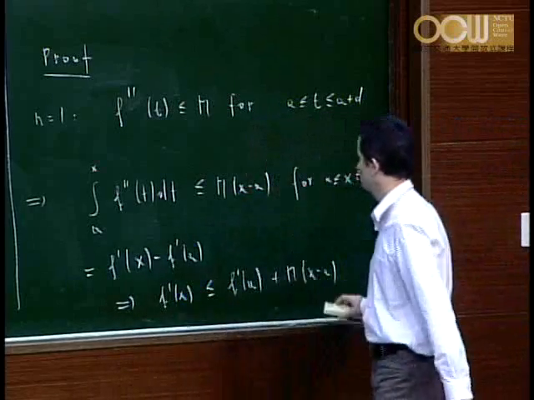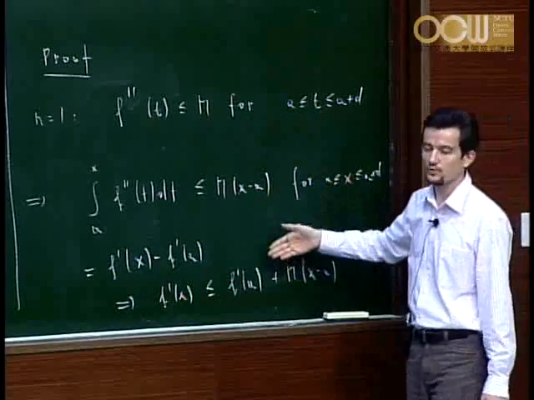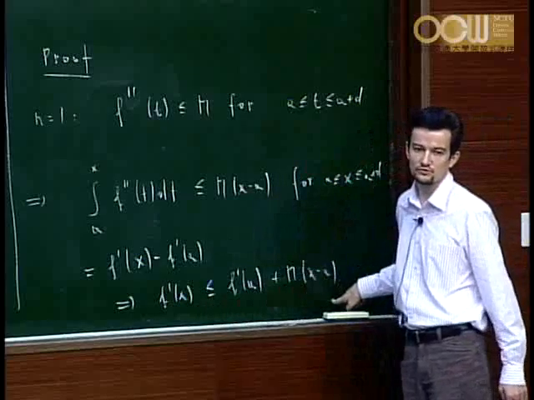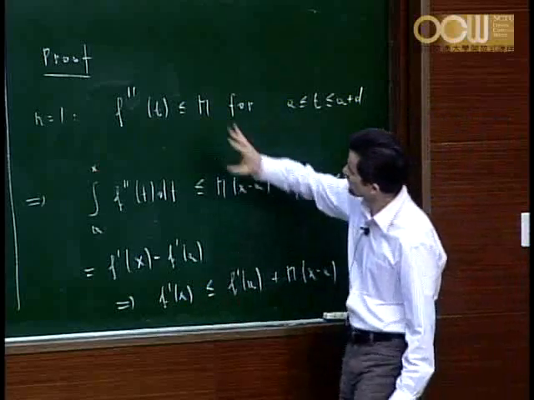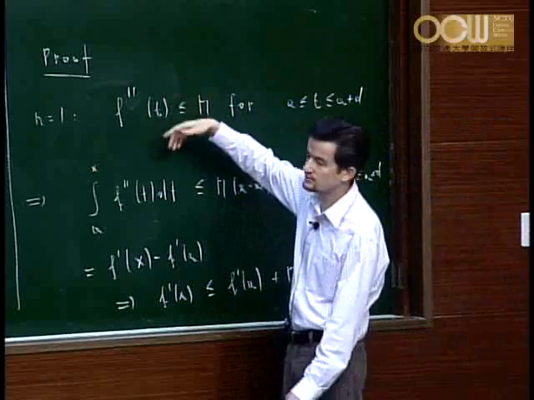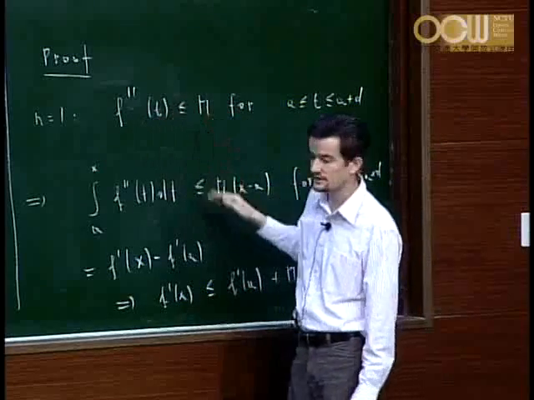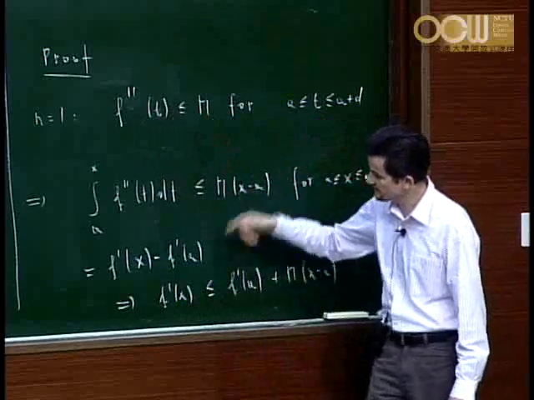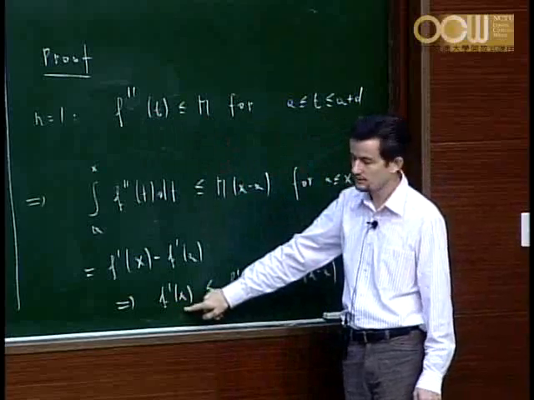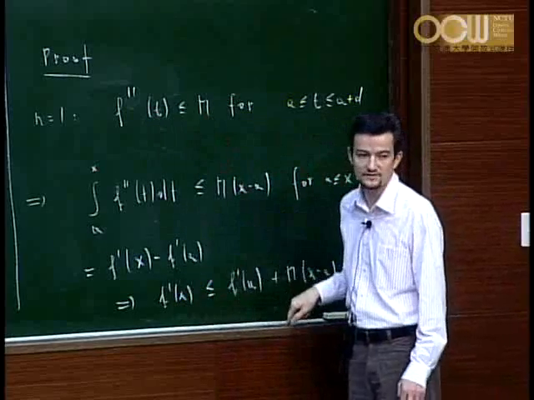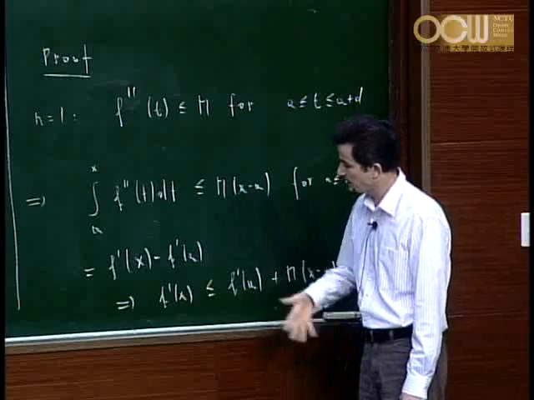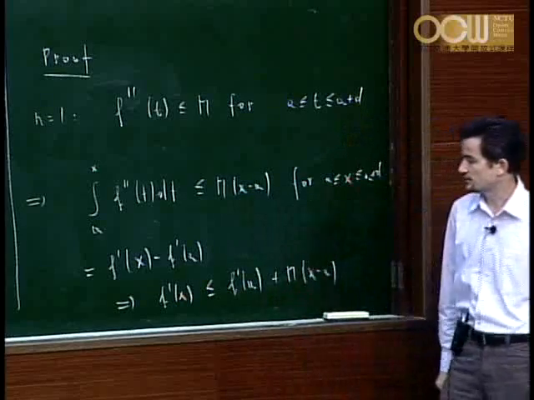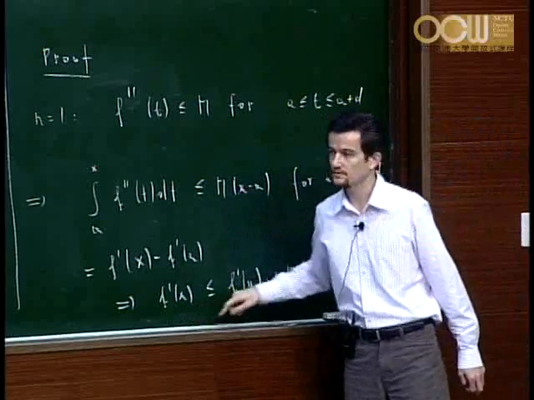Okay, and now I do the same once more. So I integrate this inequality once more. From the original inequality, by just taking the integral on both sides, we got an estimate for the first derivative, and if we now take the integral on both sides here, we will get an upper bound for the function f of x itself.